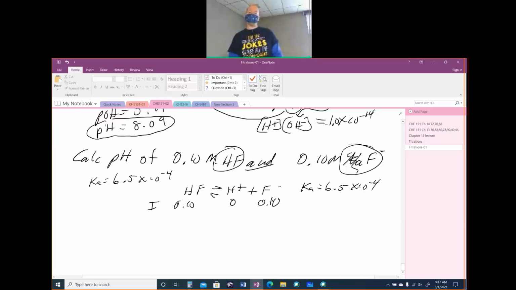I also know I have a reactant at some concentration. I have a product at some concentration. I do not have to check my X value. So minus X, and plus X, and plus X. So at equilibrium, I have 0.10 minus X, I have X, I have 0.10 plus X.